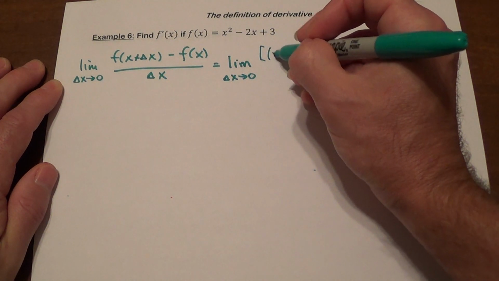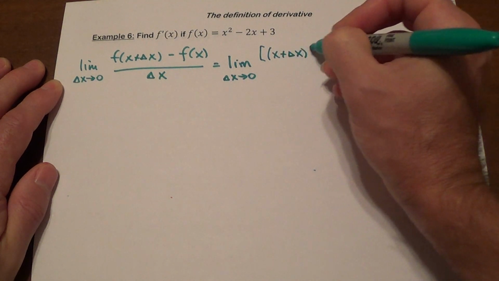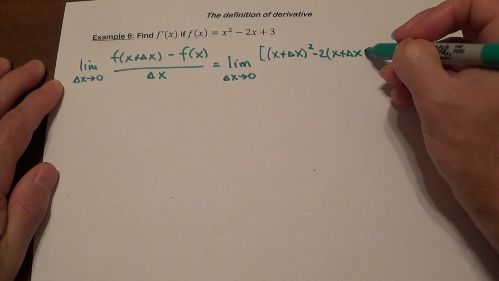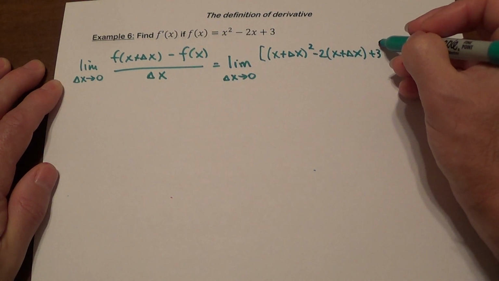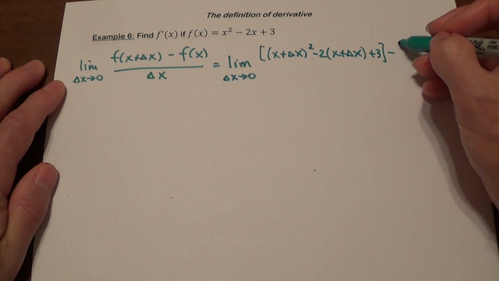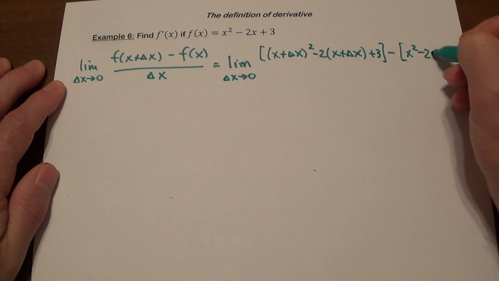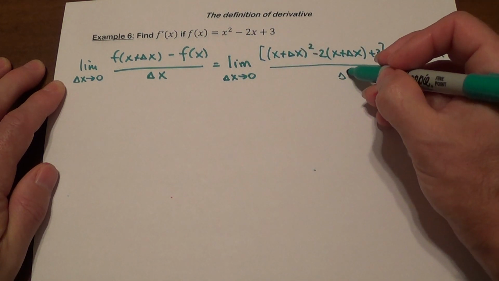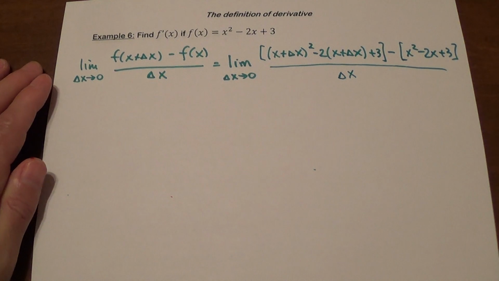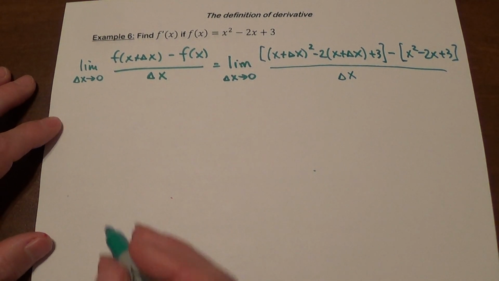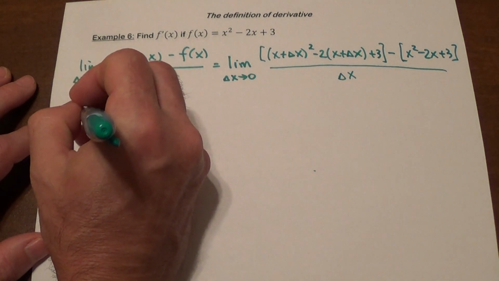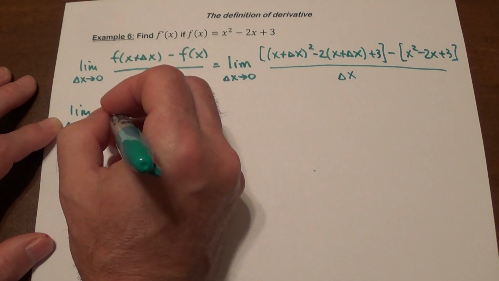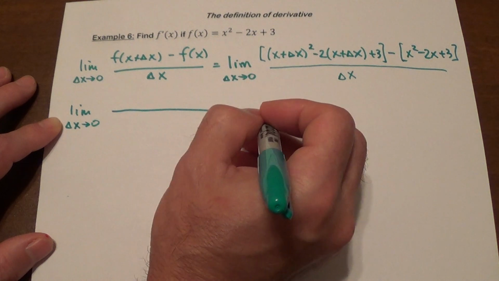It's going to be x plus delta x squared minus 2 times x plus delta x plus 3, minus the function itself, over delta x. Now it's going to get even busier because we're going to have to expand all that. So it is the limit as delta x approaches 0 of... Alright, here we go.